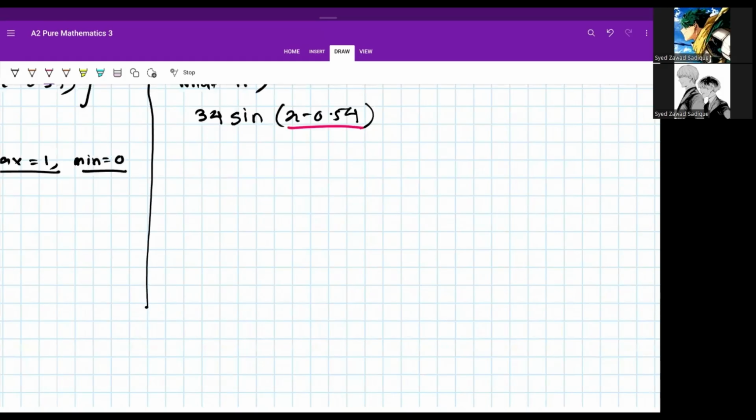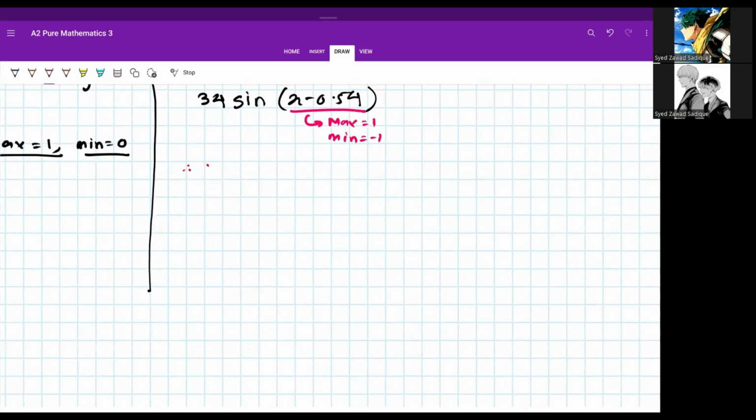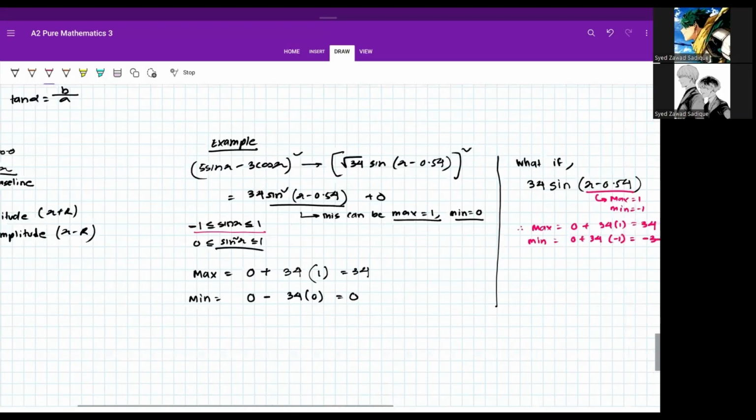So the max can be 1, the min can be −1. Therefore, max is equal to 0 plus 34 times 1, which is 34. Minimum would change because 0 plus 34 times −1 is −34. Hopefully that clears it up.